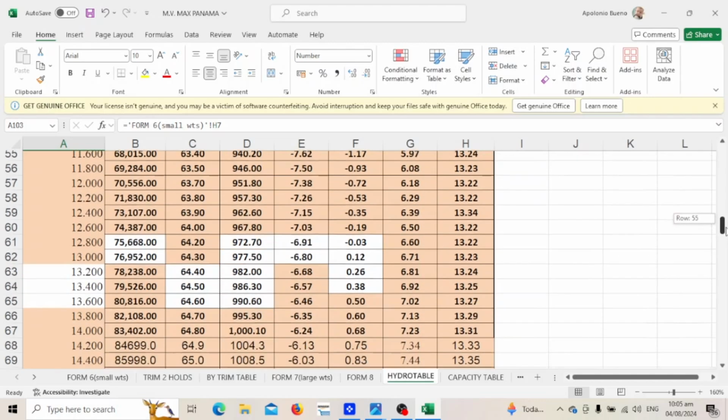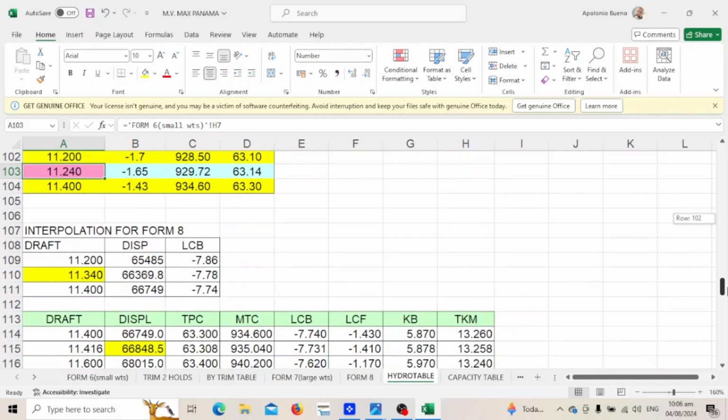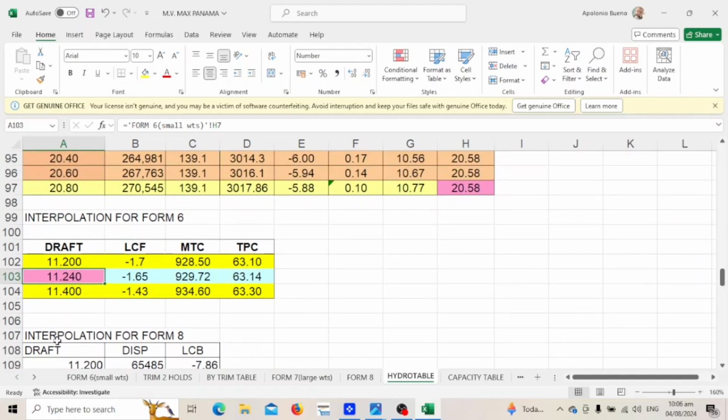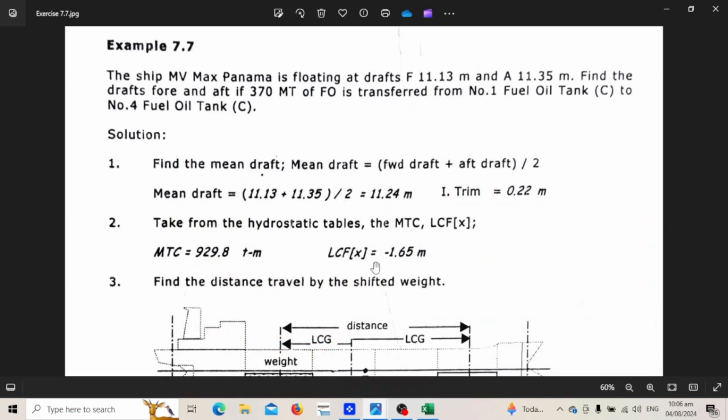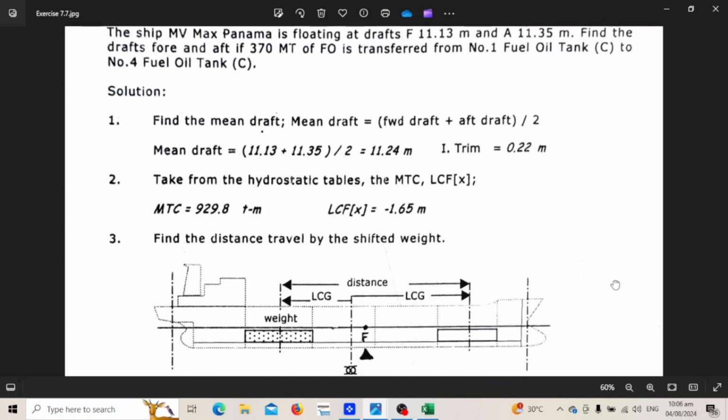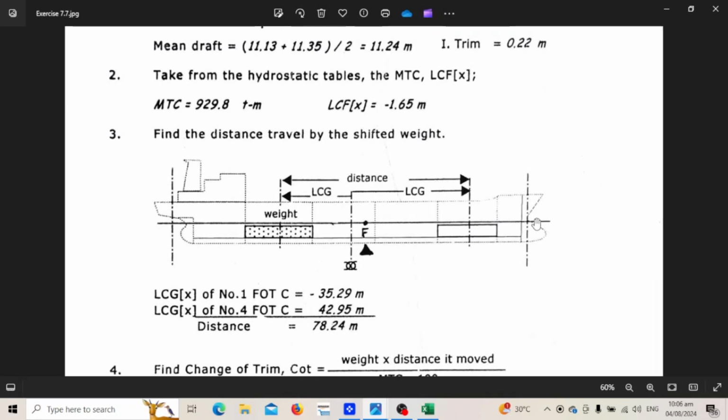The interpolation gives, from 11.20 to 11.40, an LCF of negative 1.65 and MTC of 929.72. Okay, this is how we get this negative 1.65 and 929.